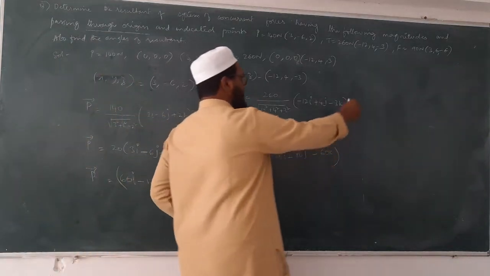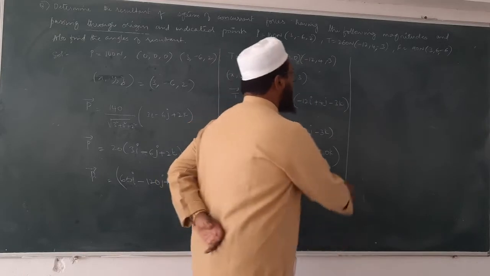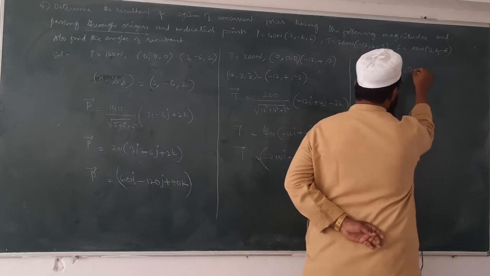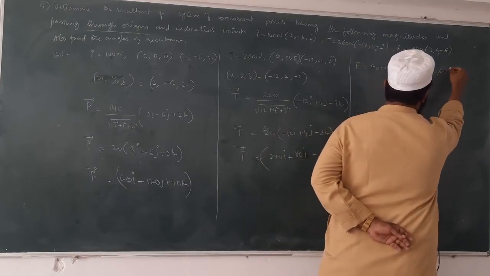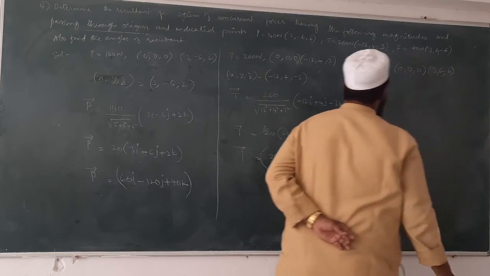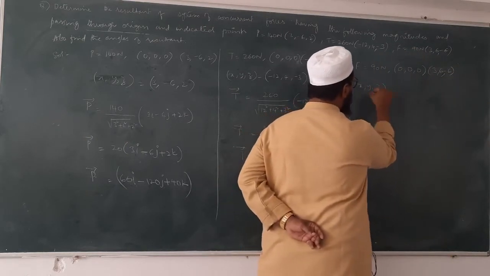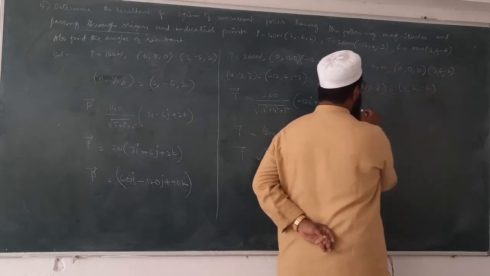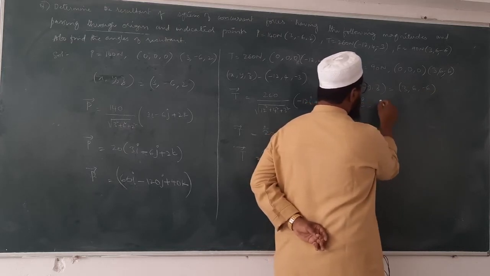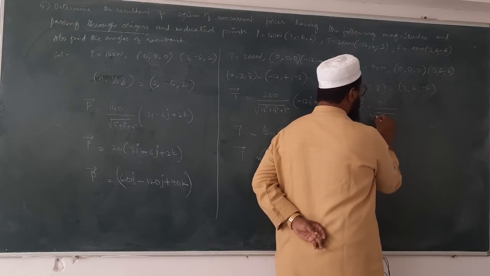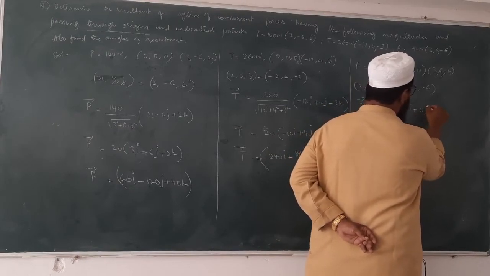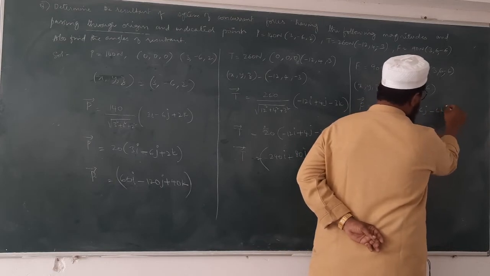Next, we'll move to the next part, that is F. F is equal to 90 Newton and it is passing through origin again, and it is 3, 6, minus 6, right? So now tell me, what is X, Y, Z for this one? 3, 6, minus 6, and force vector F is equal to 90 by under root 3 square plus 6 square plus 6 square into 3i plus 6j minus 6k.